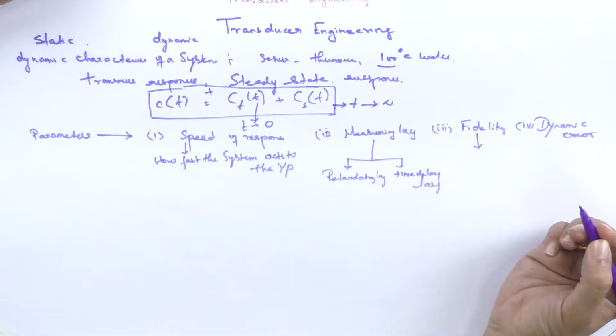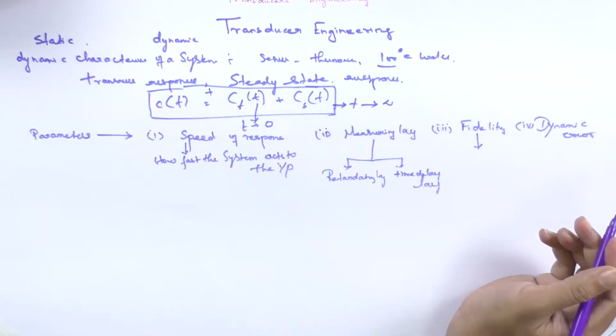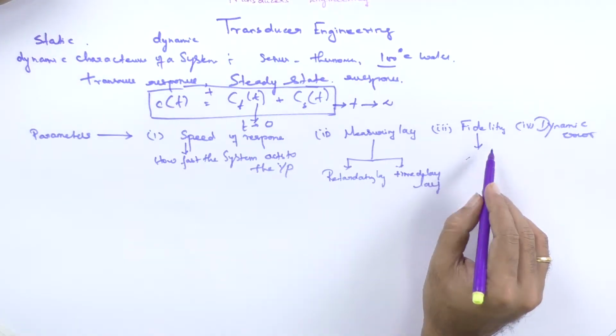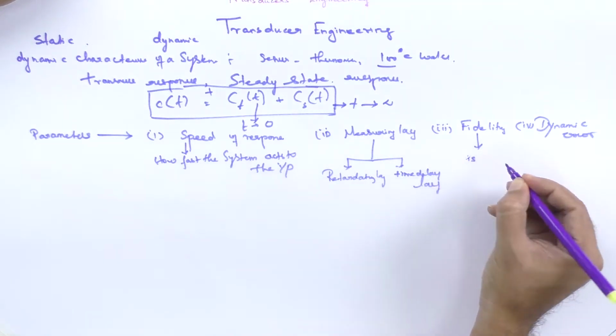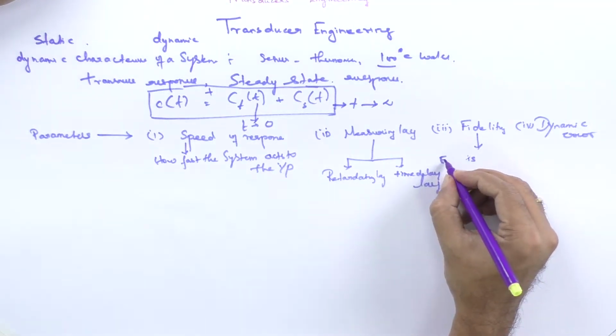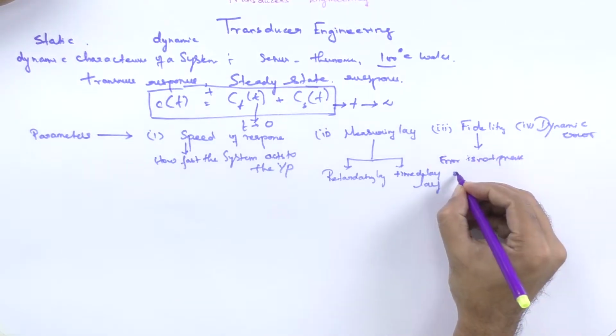Next comes our fidelity. Fidelity is a factor which decides whether the erroneous result is there or not, and how reproducible and how much non-erroneous it is is decided by the fidelity. How much this dynamic error is not present over time.